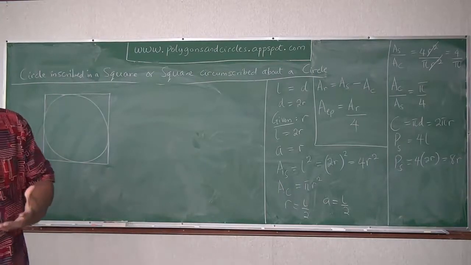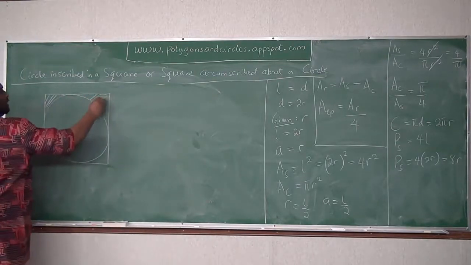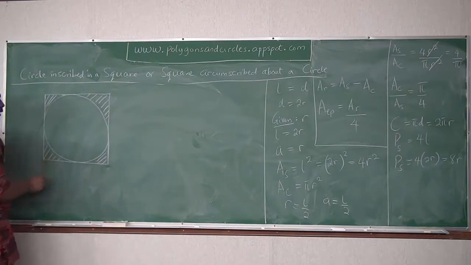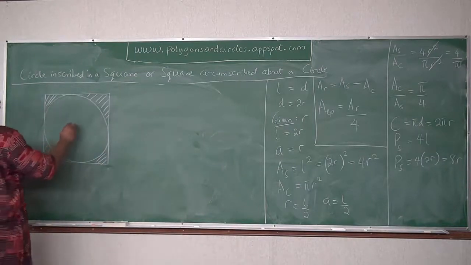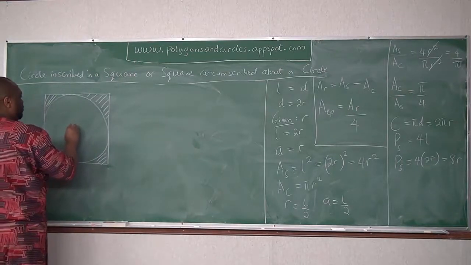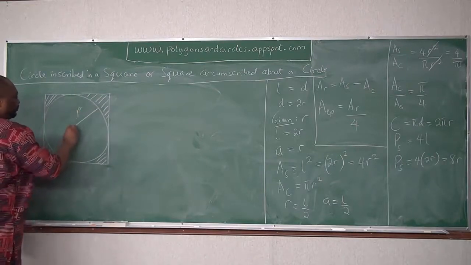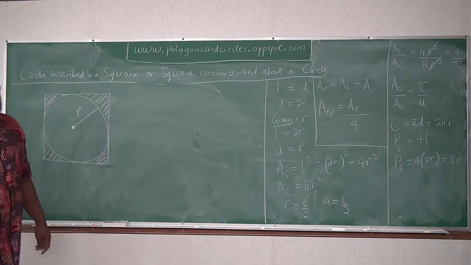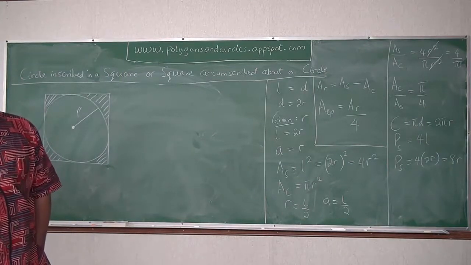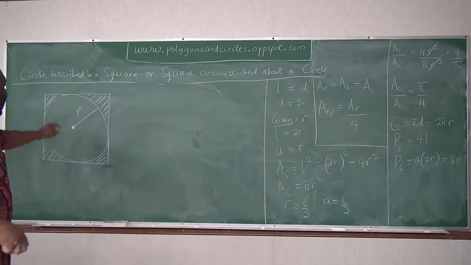So a circle with a radius of 1 inch. They gave us the radius, and they shaded this. It says here, a circle with a radius of 1 inch is inscribed in a square as shown below.